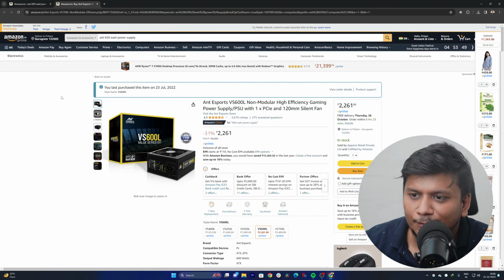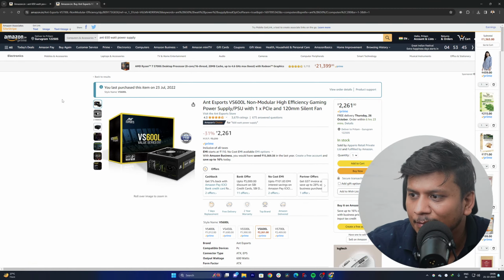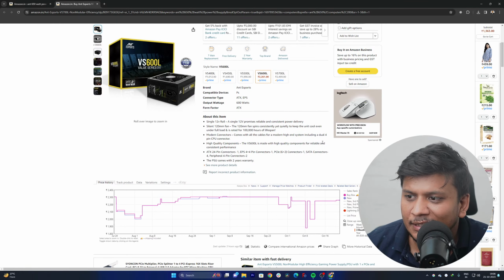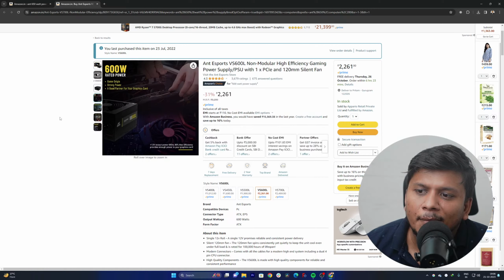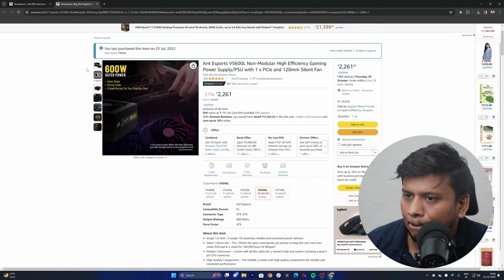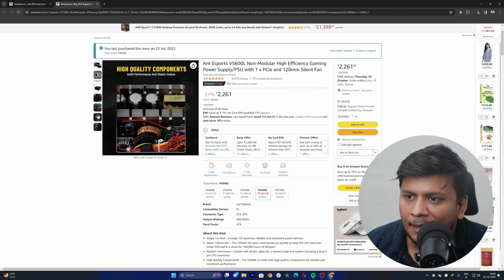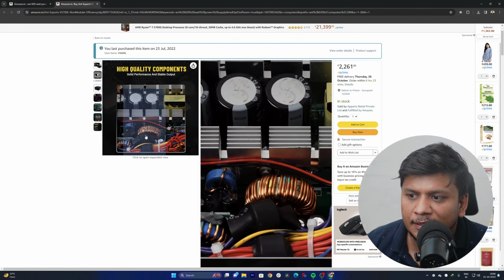The first component here I would recommend you to choose is this particular power supply. Although this is toward the cheaper side, don't think that this is not a good one. I have made several PCs using this particular power supply, and I would say this worked perfectly well in low and mid-tier configuration systems.